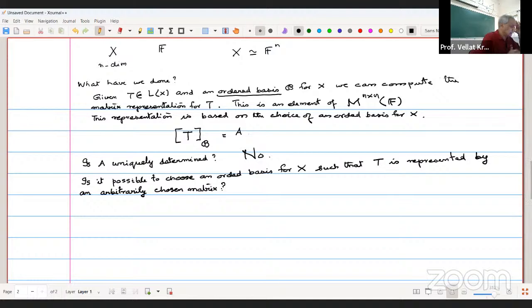Is it possible to choose an ordered basis for X such that T is represented by an arbitrarily chosen n by n matrix?